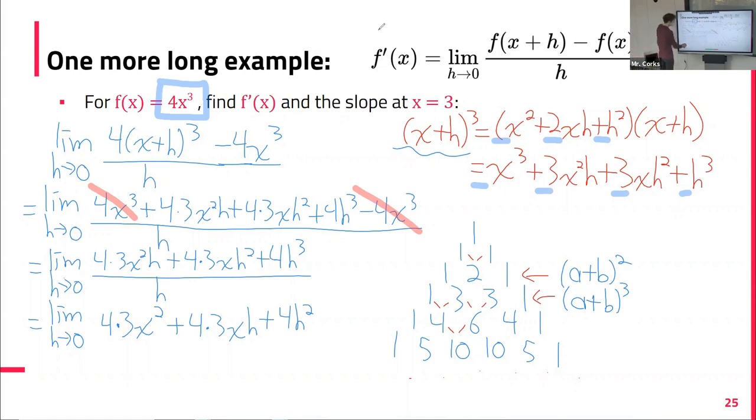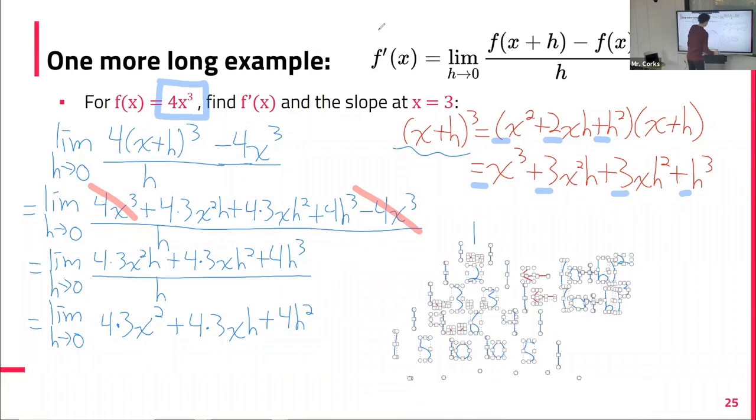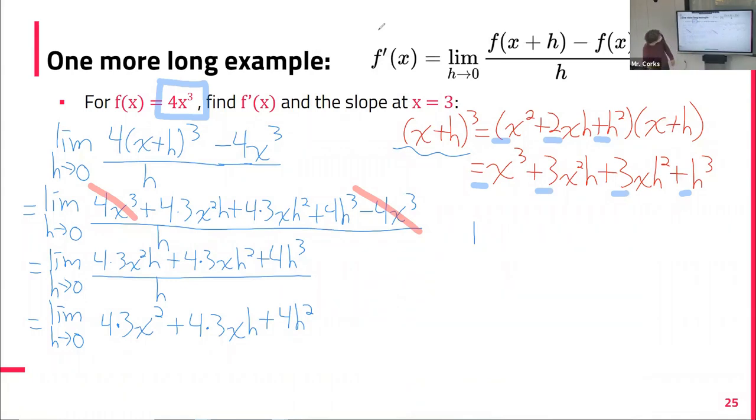So this one has no more h, this one has 1 h, this one has 2 h's here. We're getting to that. I'm showing you how we get the formula.